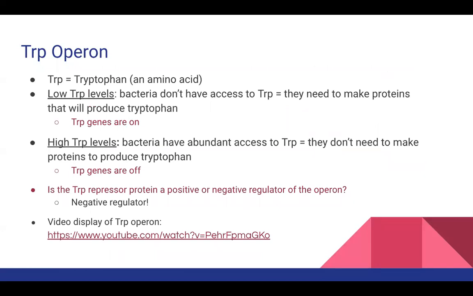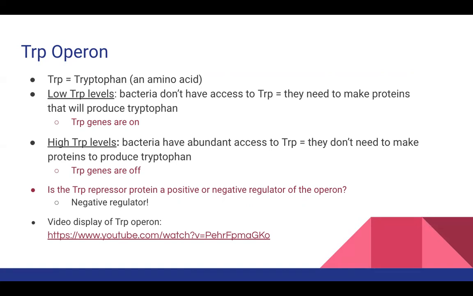So in the trp operon, there's a few different scenarios that we're working with. The first scenario that we'll focus on is low tryptophan levels. In low tryptophan levels, a bacteria doesn't have access to tryptophan, and tryptophan is an amino acid that they need to make proteins. The trp operon doesn't code for tryptophan.